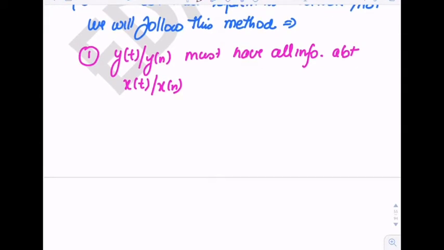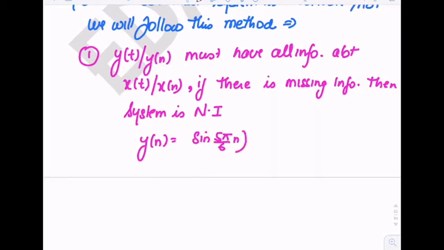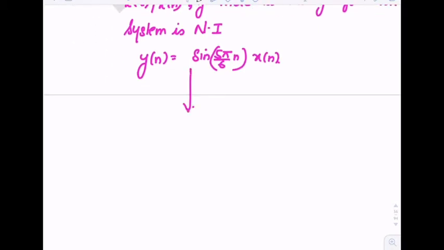For example, here in this case, if there is missing information, then the system is non-invertible. For example, y[n] is equal to sin(5πn/6) times x[n]. Okay, so this is the system given to us in the question. So we can see that y[0] is equal to 0 multiplied by x[0].